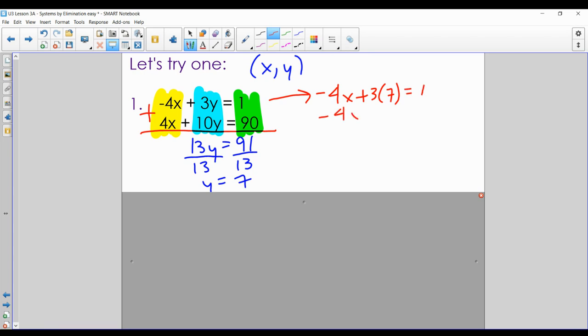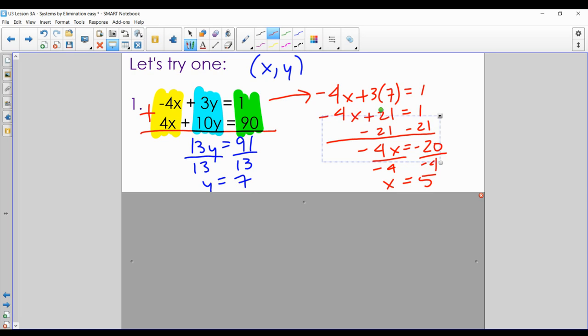So I have negative 4x plus 21 equals 1. I subtract the 21 and I get negative 4x equals negative 20. Divide by negative 4 and get x equals 5. So my answer would be the point 5, 7.